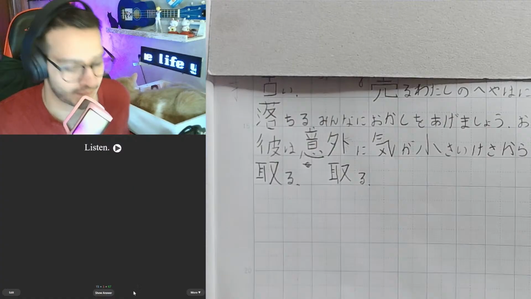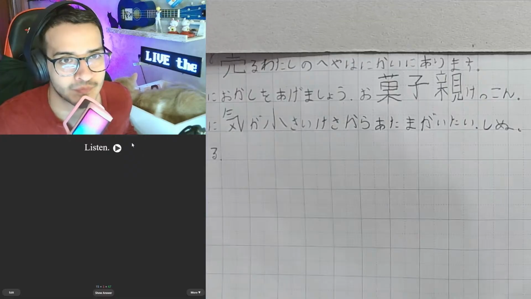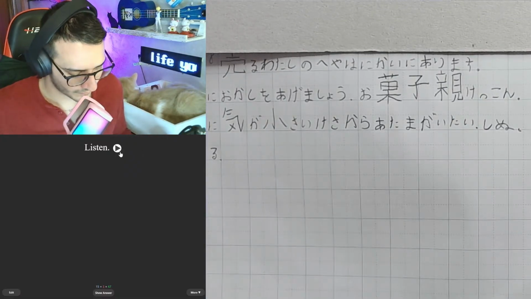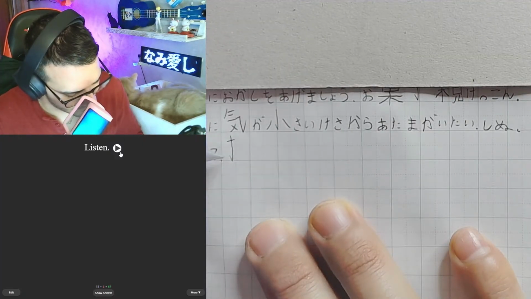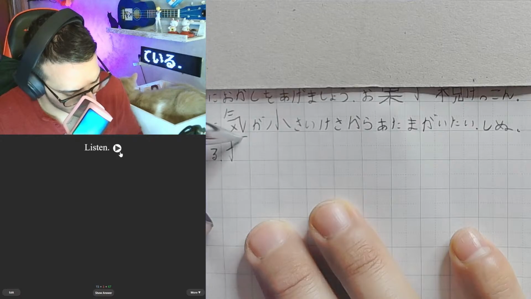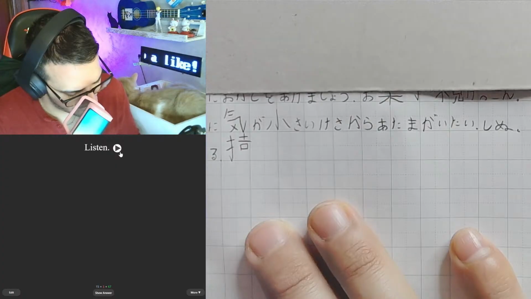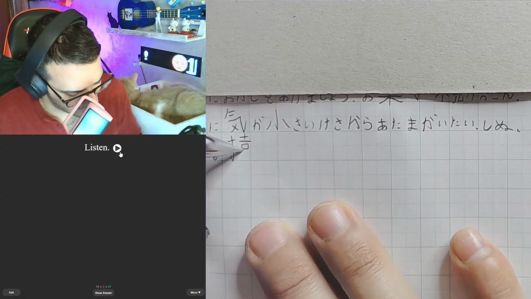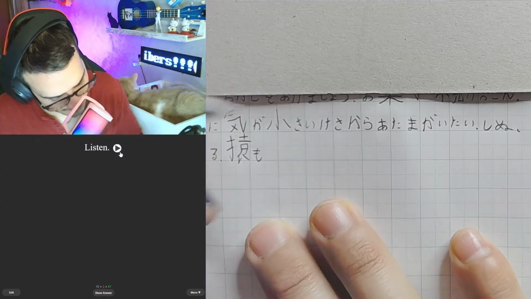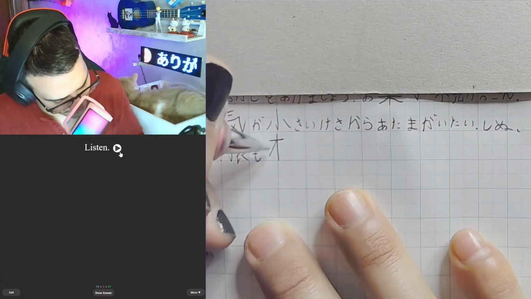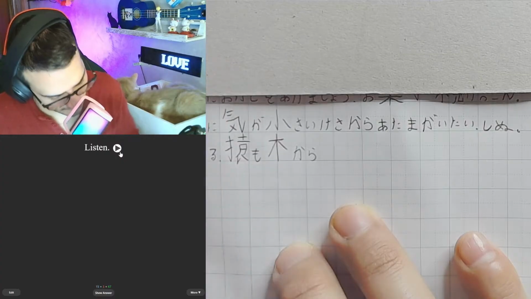Easy. 猿も木から落ちる。Saru mo. Saru was the hand. Ground. Mouth. Saru mo ki kara ochiru.